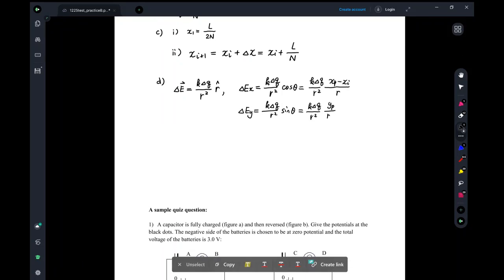Now R squared is xp minus xi squared plus yp squared.